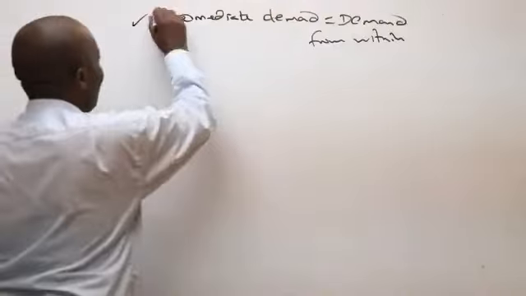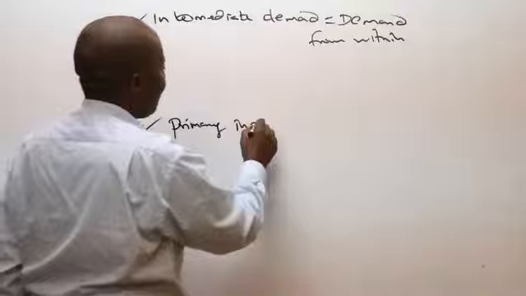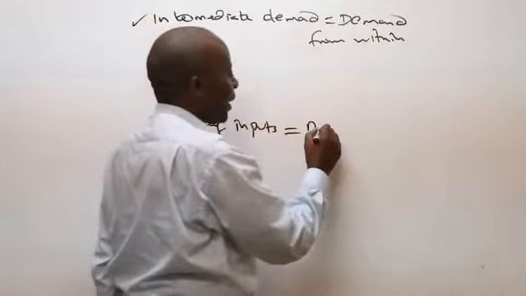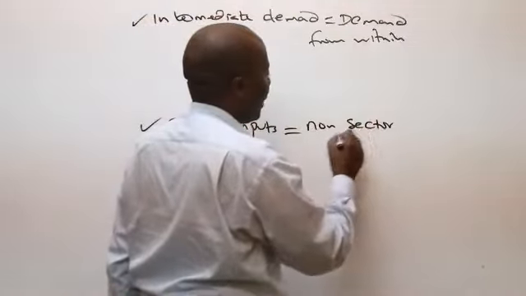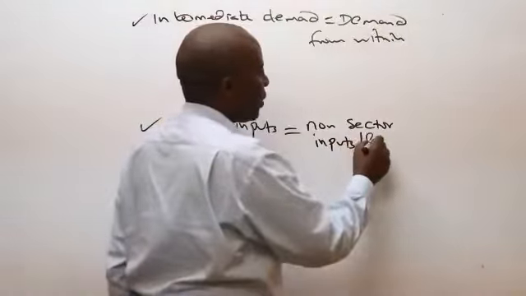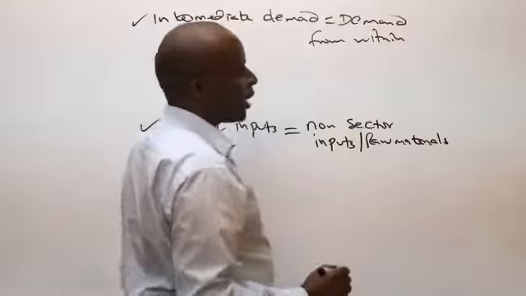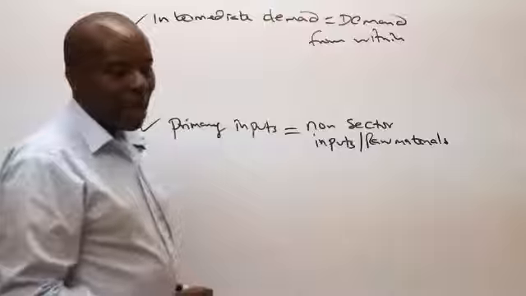And then we have the last one. If you check your past papers, you'll be able to see these definitions. The primary inputs. These are non-sector inputs, non-sector raw materials, those raw materials that can never be provided by any sector.